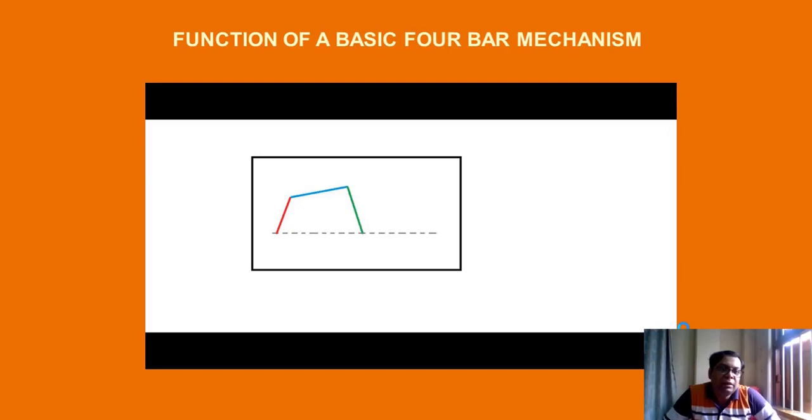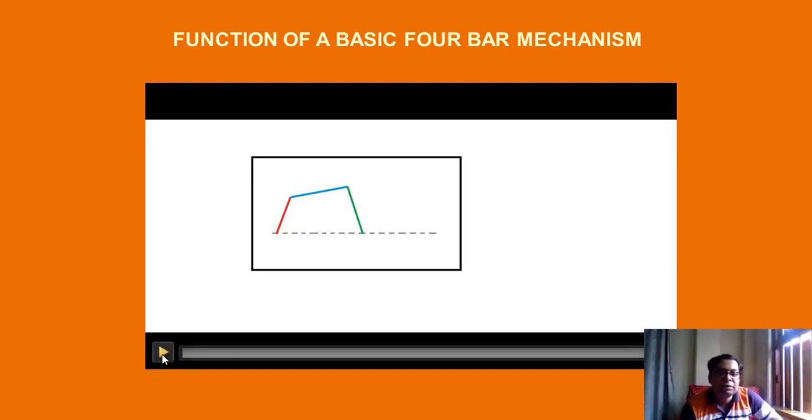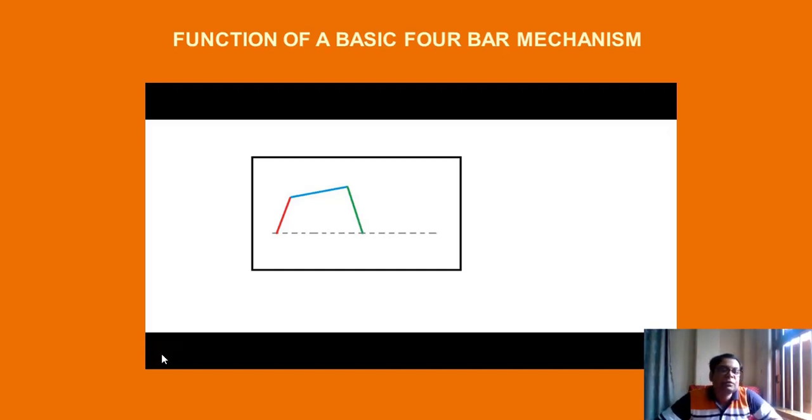Now over here, the function of a basic 4-bar mechanism is what we are going to talk about today. I have a small animation of a 4-bar mechanism in which the red colored bar is the crank, the blue colored bar is the connecting rod, the green colored bar is the rocker arm, and the gray colored dotted line indicates the static link.